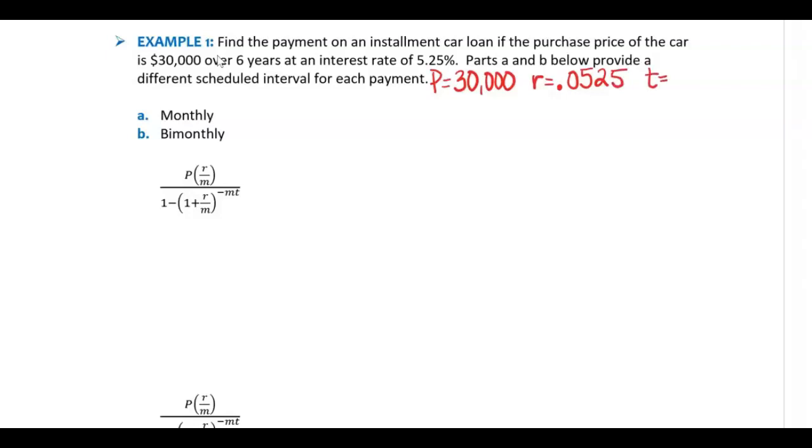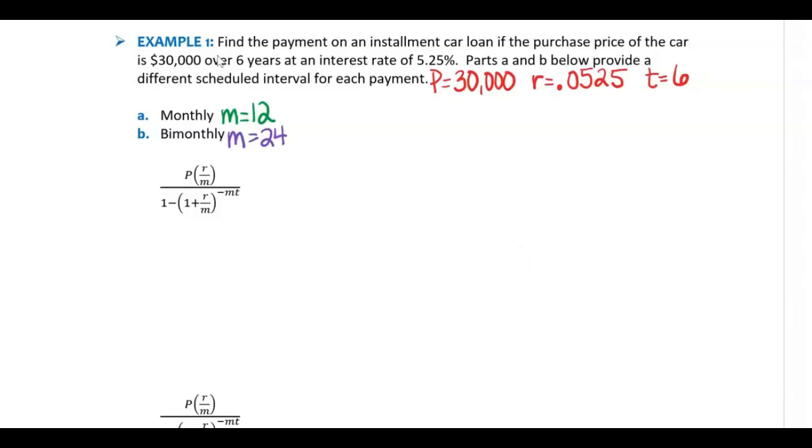T is going to be 6, that represents 6 years. We still need to find M, and M for the monthly payment would be 12 because there are 12 monthly payments within a year, and for the bi-monthly, M would be 24 because 24 payments would be made within 1 year.